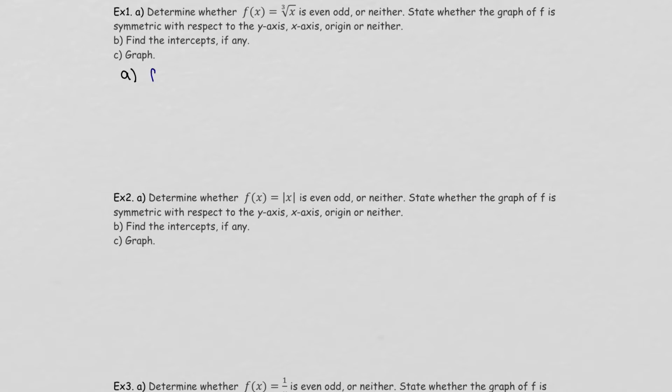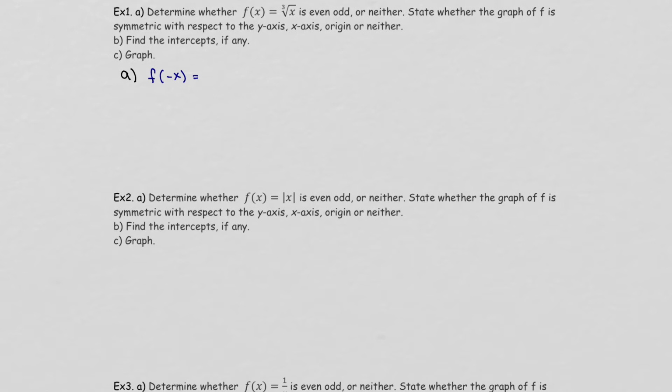So how do we tell that? Well, we're going to replace x with negative x and see if we end up getting the function we started with back. If we get what we started with, it's going to be an even function. If we end up getting the negative of that f of x, then it's going to be odd.